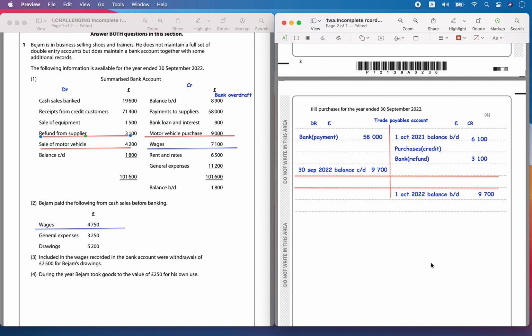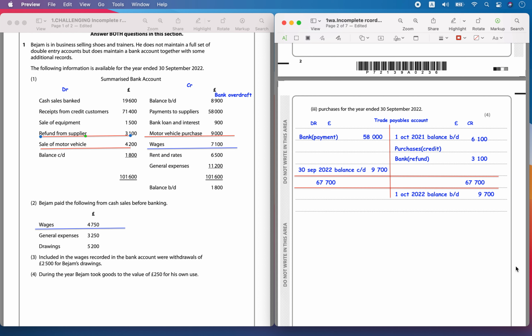Let's add those up. That value is 67,700. So calculate on both the sides 67,700.